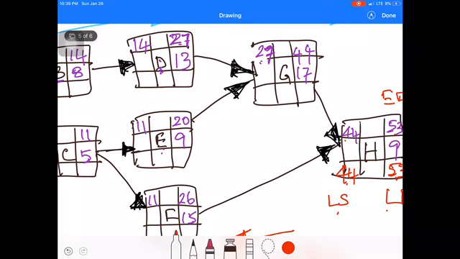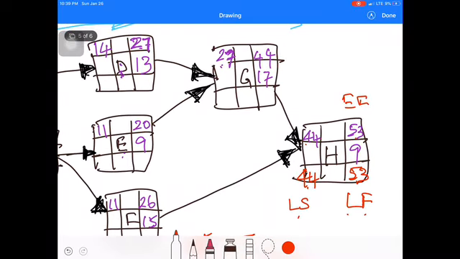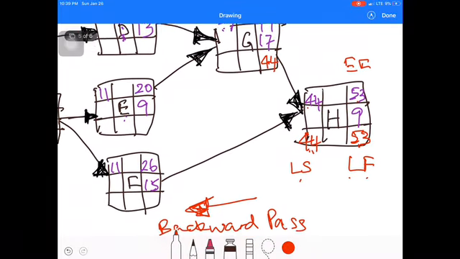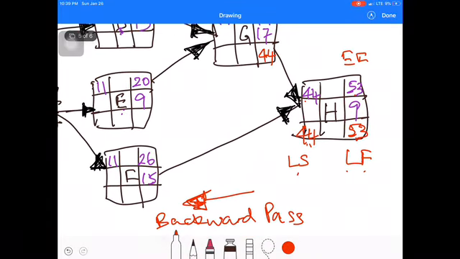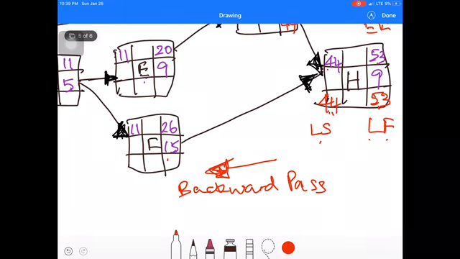Then we move to the next one. To start activity H on the 44th day, the late finish for this activity should be 44. Similarly, this activity should be finished by the 44th day, right?